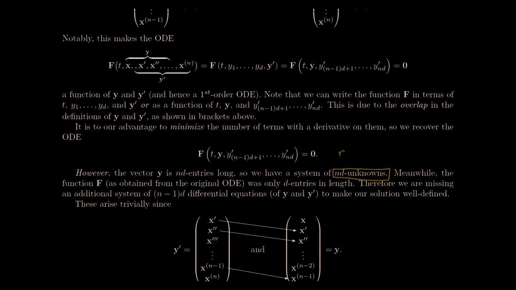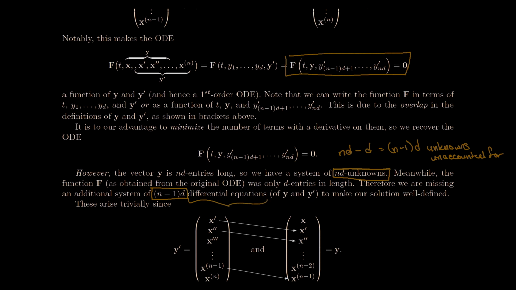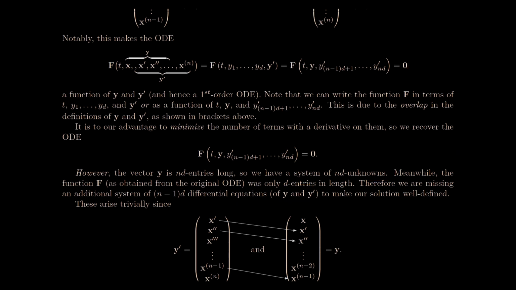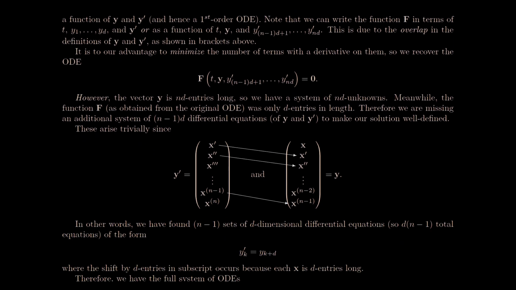If I have nd unknowns and f accounts for d of them, I can factor d out to the right, and I find that I actually have (n minus 1)d unknowns unaccounted for. So I need to find that many more differential equations which relate y and y prime together. So I'm going to look for those. It's actually pretty easy to find them.